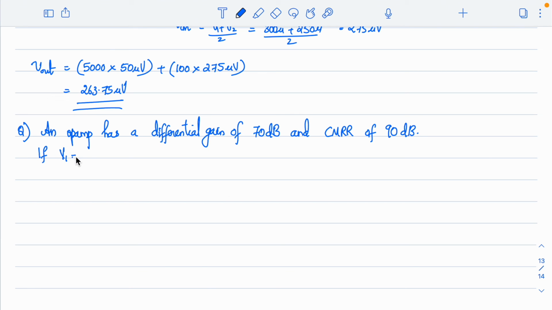If V1 is equal to 3 microvolt and V2 equals 2.6 microvolt, calculate differential and common mode input values.